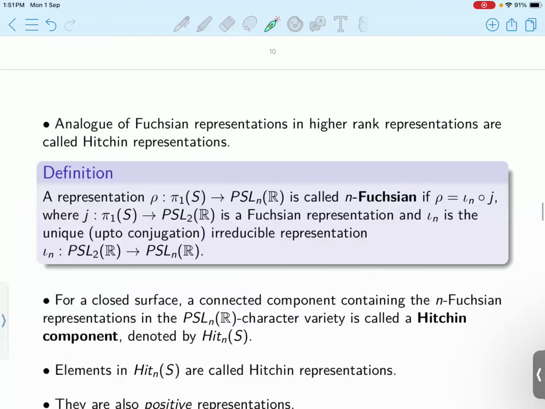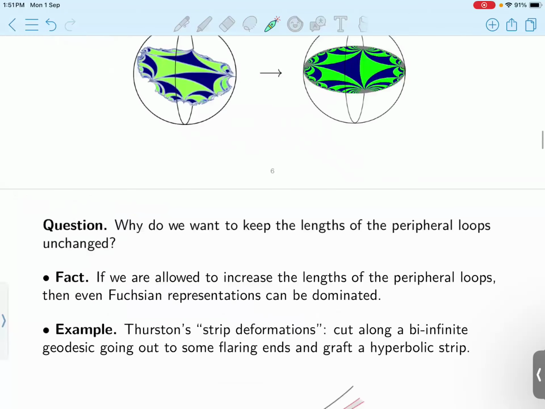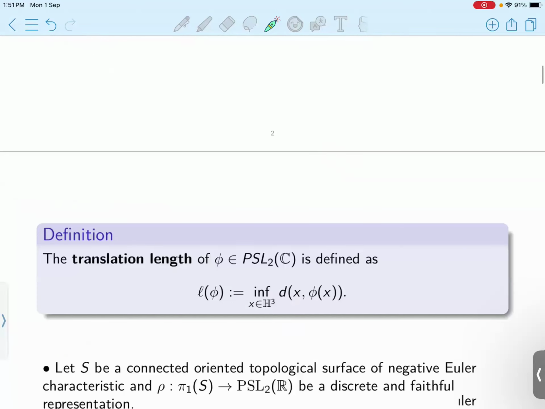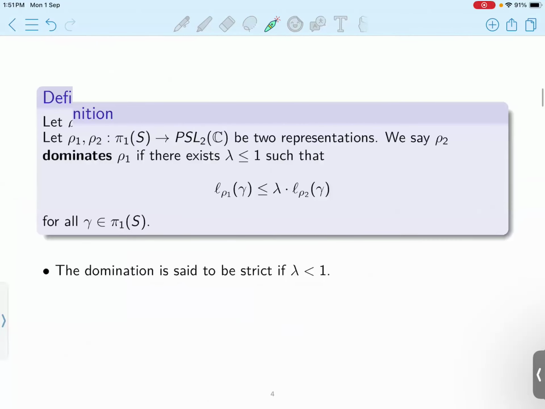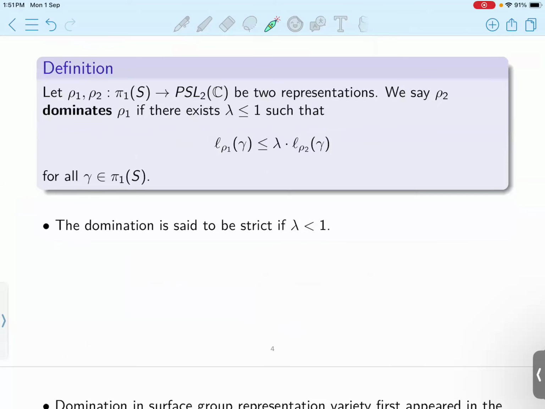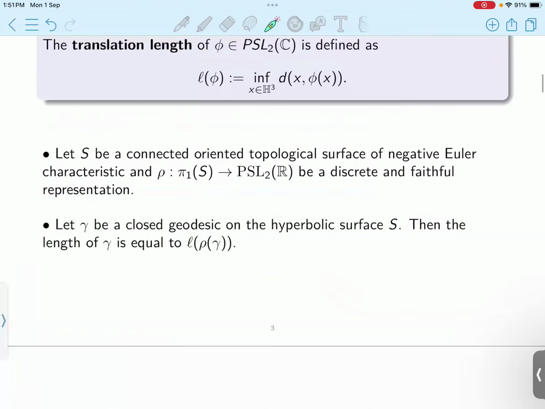I think in the first or second slide you said it is canonical, the representation of the fundamental group of the surface. Are you talking about these things? Yeah. What is the question? So how do you construct it, or is it very easy, or can you give me some reference to look at?